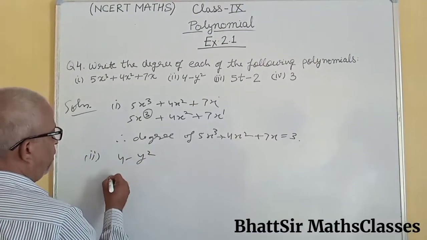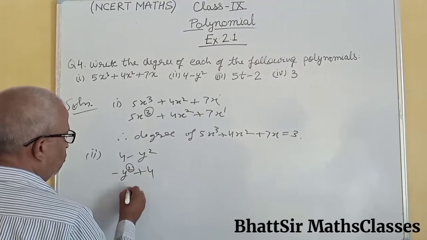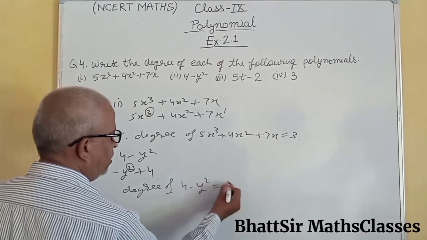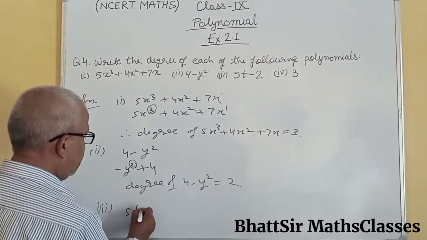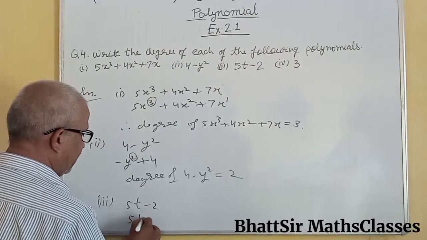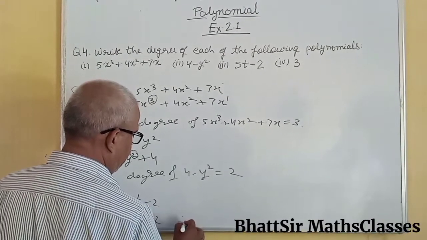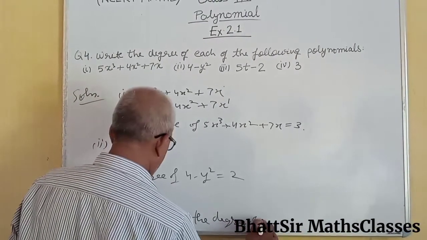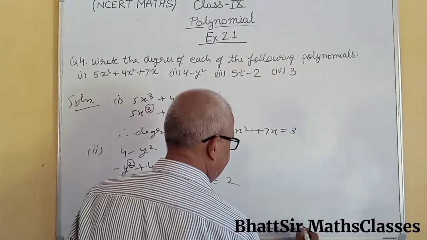Second part, 4 minus y square. We can write it in standard form: minus y square plus 4. So the highest degree is 2. So the degree of 4 minus y square is 2. Third part, 5t minus 2. The highest degree is 1. Therefore the degree of 5t minus 2 is 1.